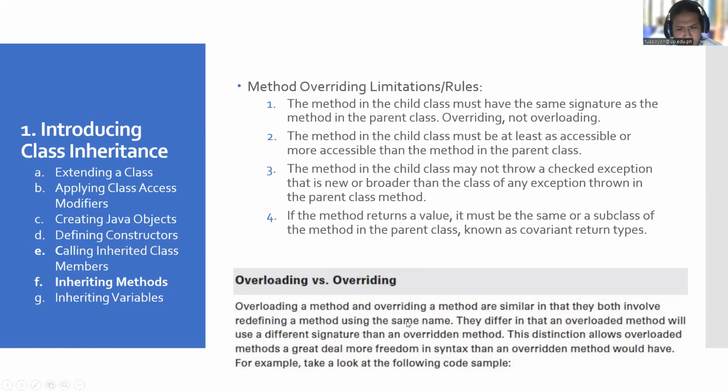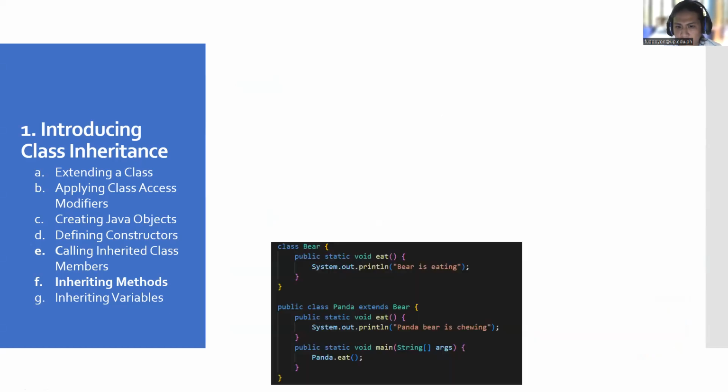Overloading versus overriding. This just discusses the difference between overloading and overriding, and tells us that overloading is more flexible in this case. But there are use cases where you would rather use overriding than overloading. I forgot to animate that again.